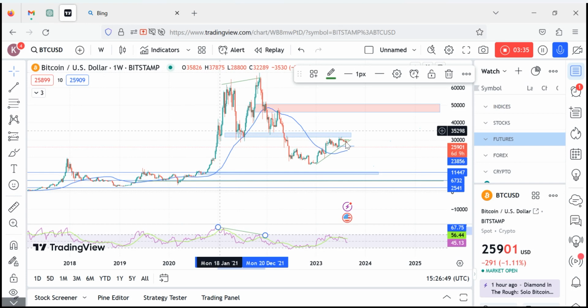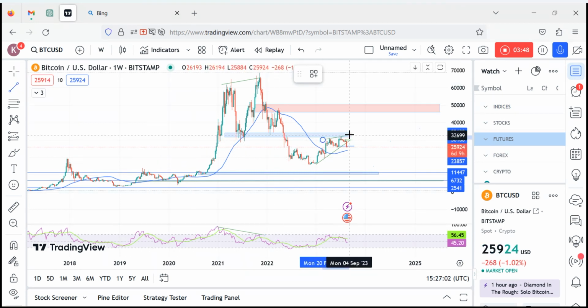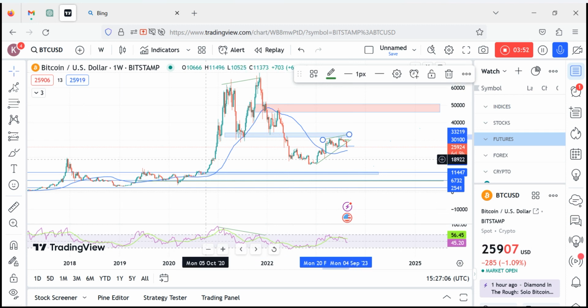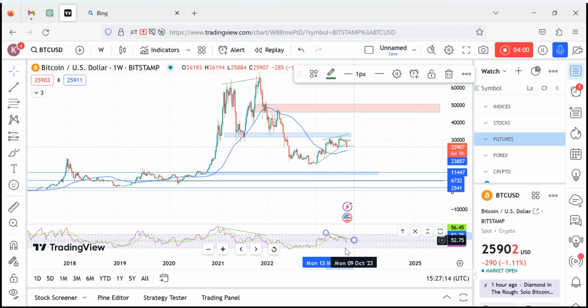So at this level, right on the blue box here, that is an order block that has been turned a breaker. If you look at that order block, you realize there's another bearish divergence that has been formed, and it is giving us a clue that the market is likely to drop from that level. There was a higher high formed on the chart, but on the RSI there was a lower low.